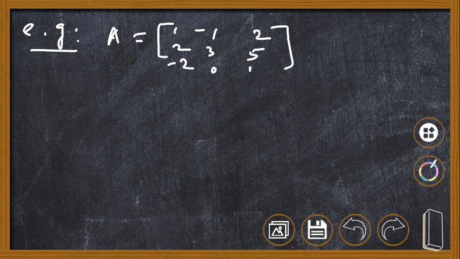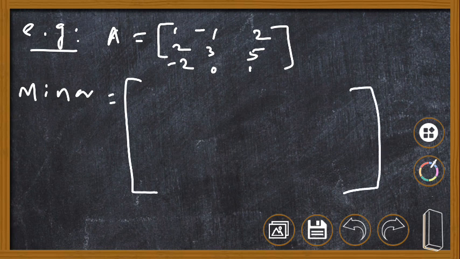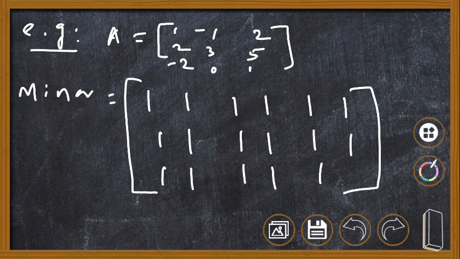Then first you find the minors. For minors, you write a big matrix like this and make provision for 9 elements: 1, 2, 3, 4, 5, 6, and 7, 8 and 9.